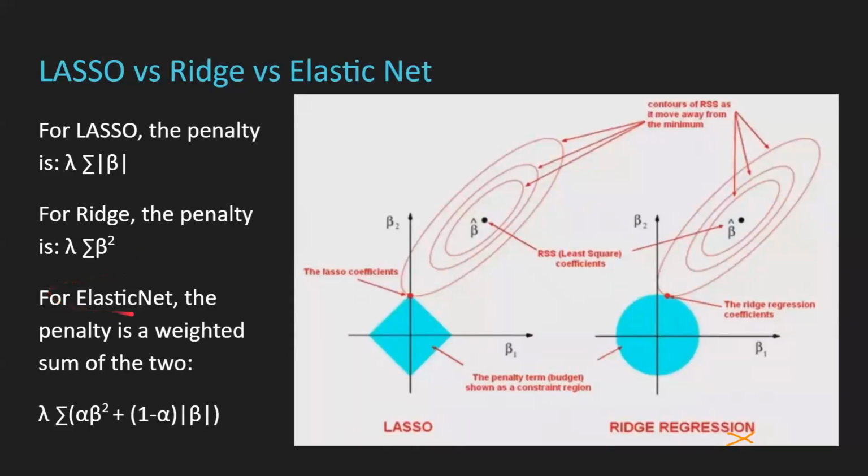The elastic net is actually just the combination of the two. It's a weighted sum of the two. So we have lambda determining the size of the penalty overall. And then we have alpha times the sum of beta squared plus 1 minus alpha times the absolute value of beta. So alpha is the weighting parameter between the two types of penalties related to beta.